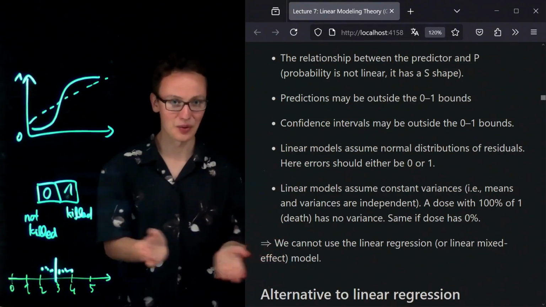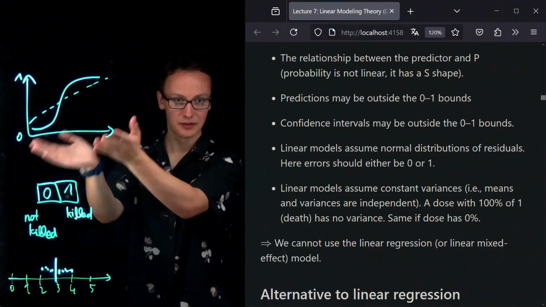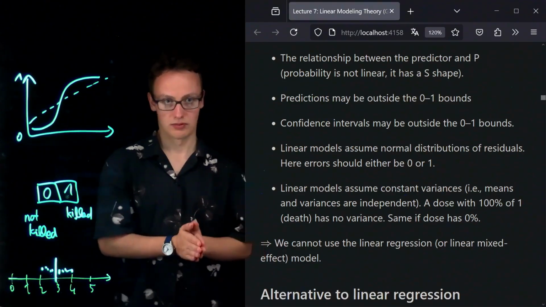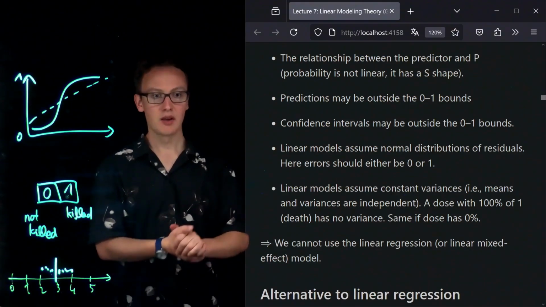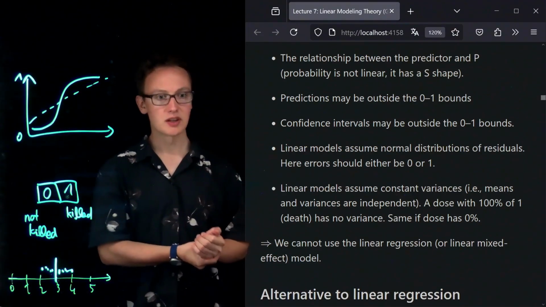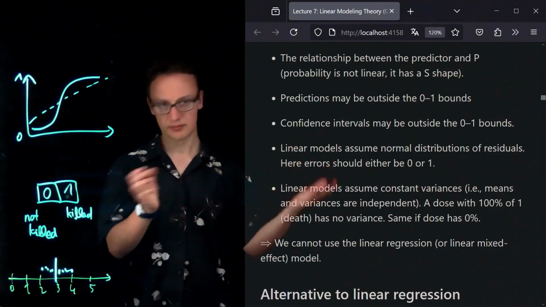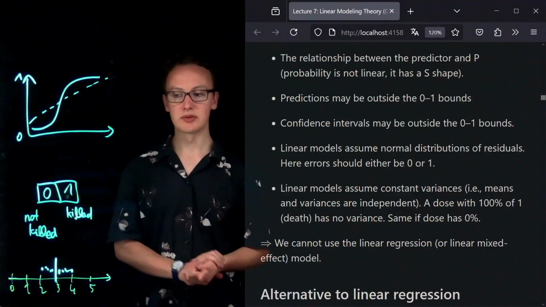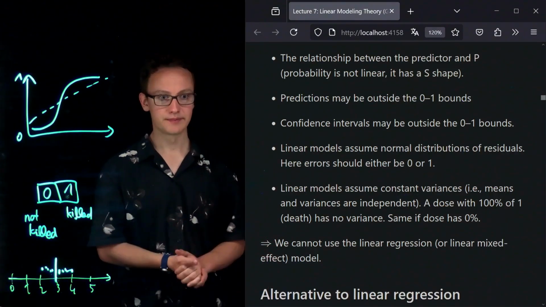And that is another thing where an example of data like this is not following the assumptions that a regular linear model would have. So in summary, due to all these reasons, we cannot use the linear regression model, or the linear mixed effects regression model, the regular kind we've seen so far, in order to tackle this problem and analyze this data. So what is the alternative?